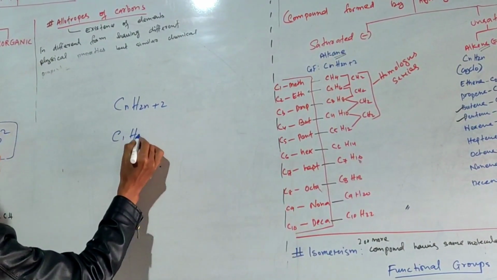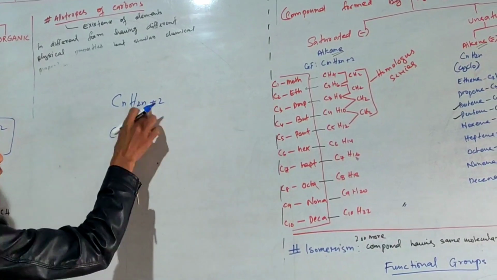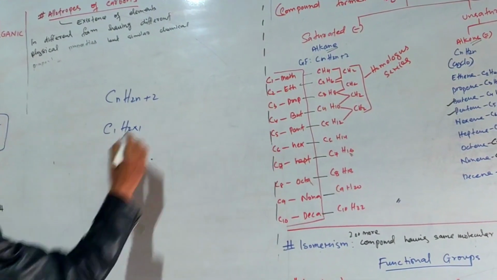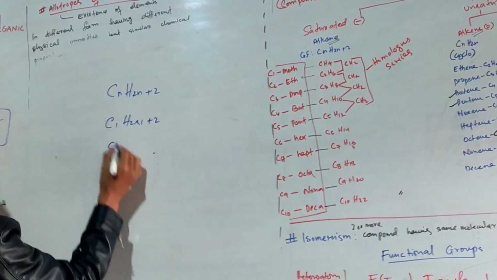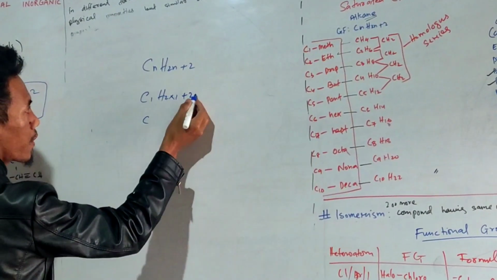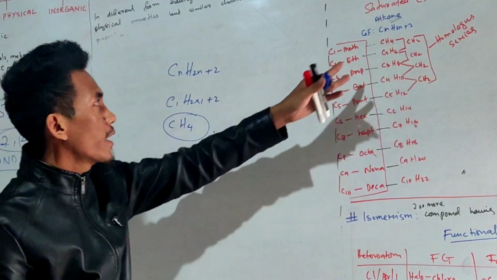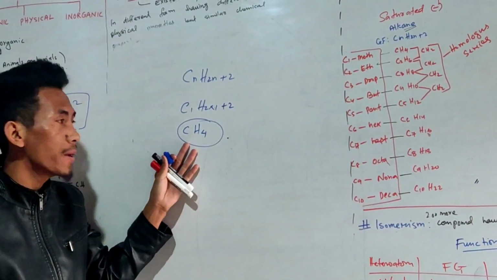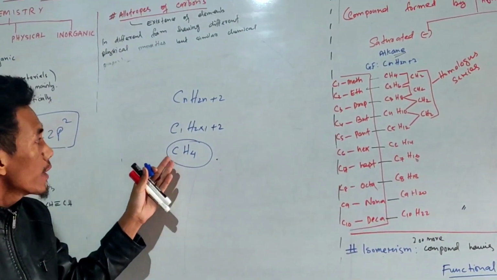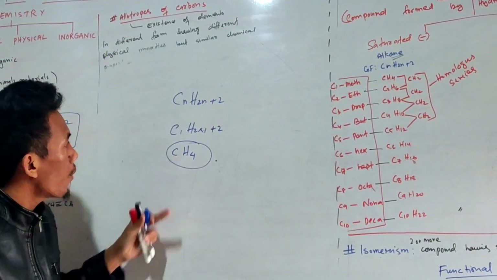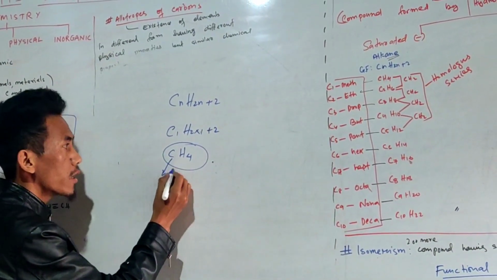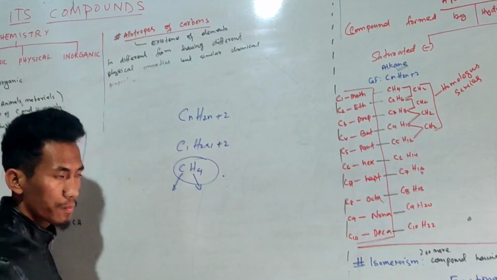C1 H2 into 1 plus 2. C1 means C, and 2 plus 2 is 4. CH4. In alkane, the first family member comes to be CH4.